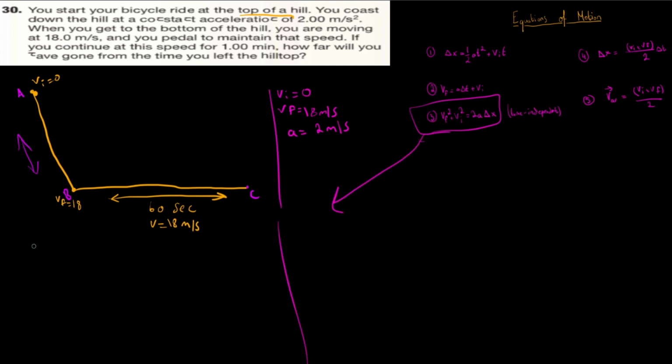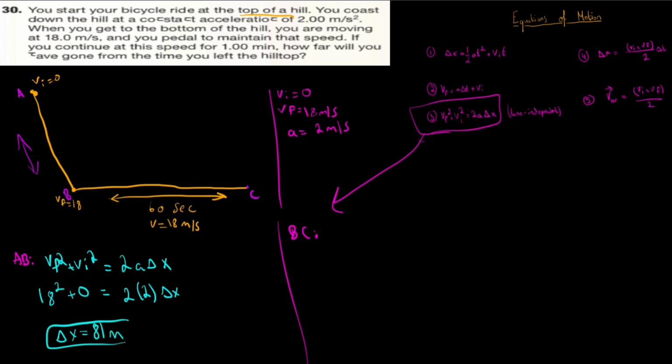So let's split this into AB and then BC over here. Let's find AB using this formula: v final squared minus v initial squared is equal to 2a delta x. We can substitute what we have. V initial is 0, and then 18 squared is equal to 2 times 2 times delta x. If we just use a calculator, we get delta x is equal to 81 meters.